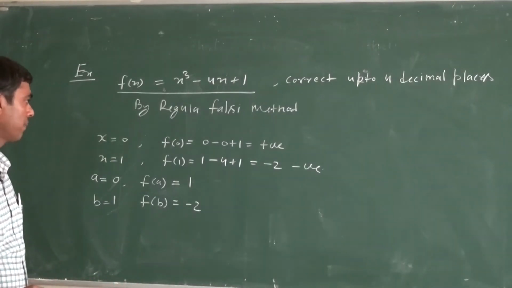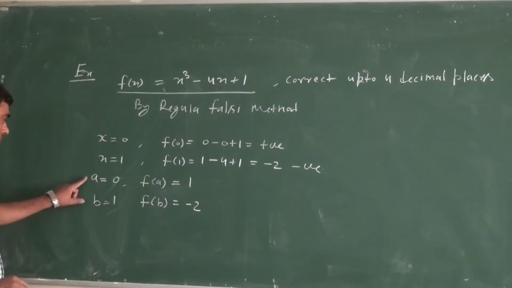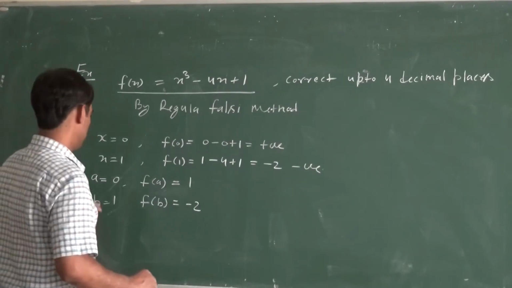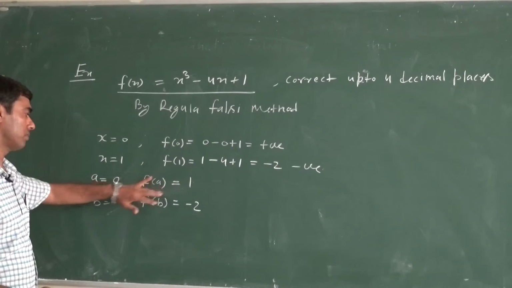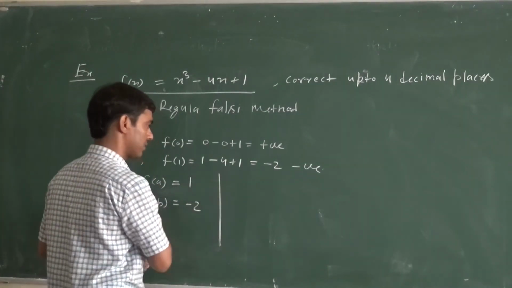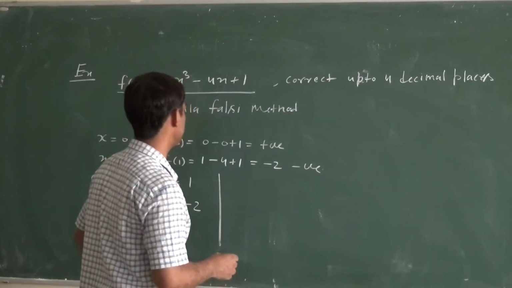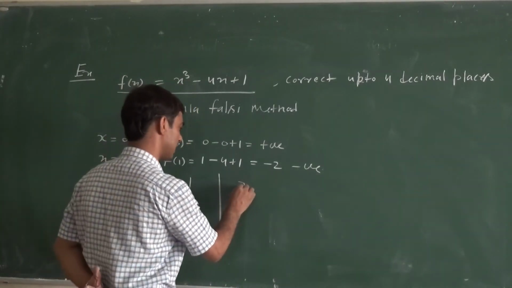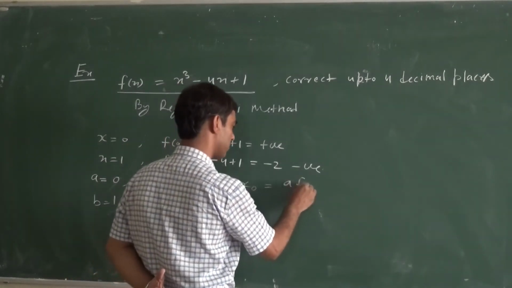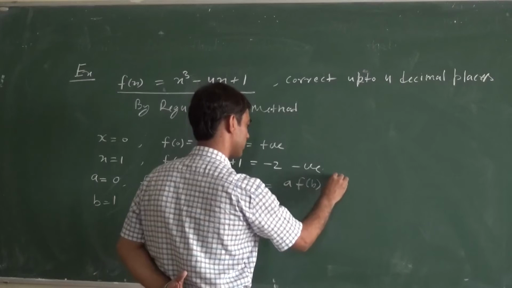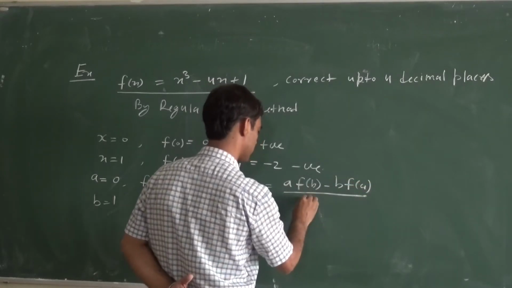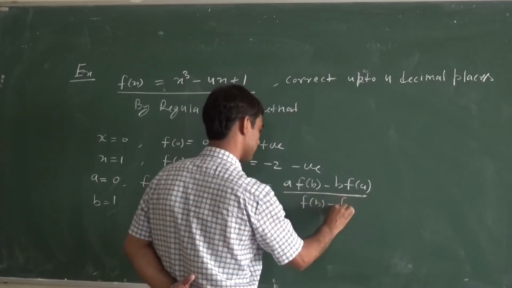These are the two initial values: one where the function is positive, another where it is negative. According to the iterative scheme of the Regula Falsi method, x0 equals (a f of b minus b f of a) divided by (f of b minus f of a).